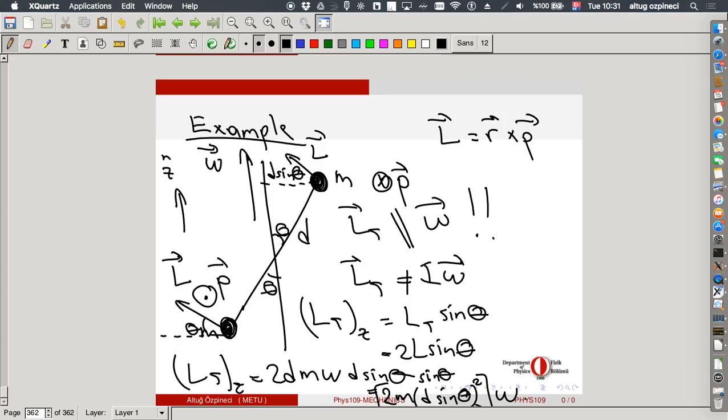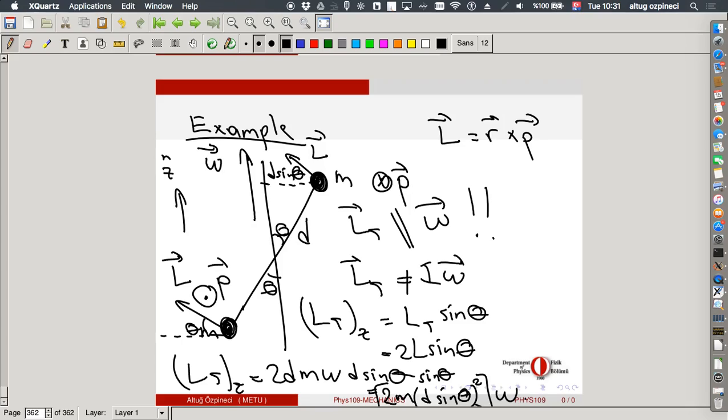Now d sine theta is the distance of this mass from the rotation axis. So it's the mass multiplied by its distance from the rotation axis squared, plus the mass of the other object times its distance from the rotation axis squared. They're just the same, so that's why I have this factor 2. So this is nothing but the moment of inertia.